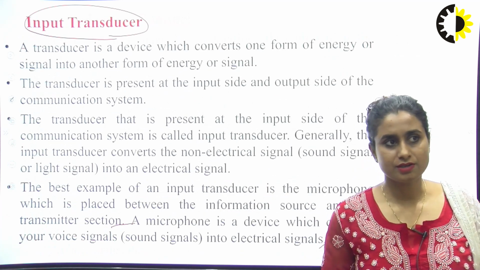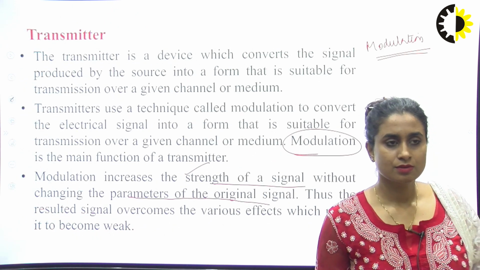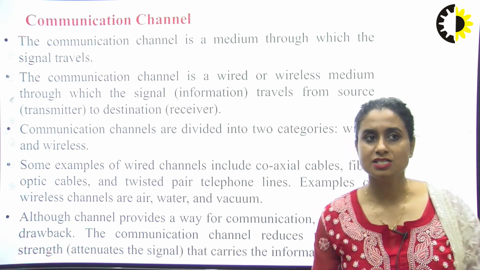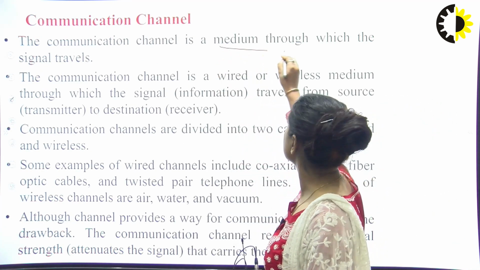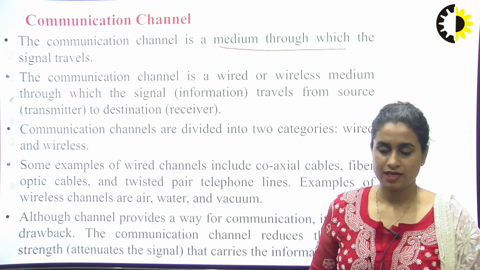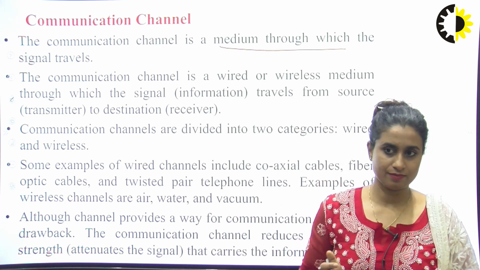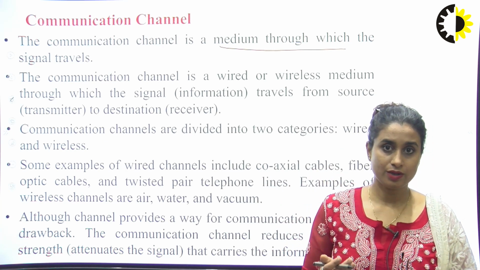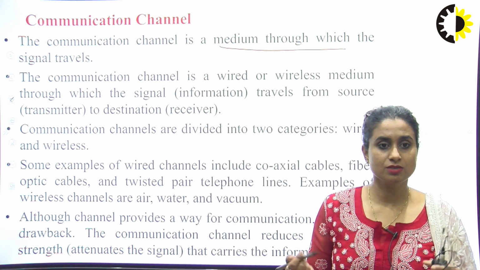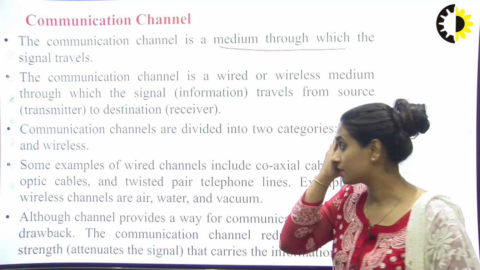Next, after the transmitter, we have the channel. What is a channel? A communication channel is a medium through which the signal travels, right? If you were sitting in front of me, air is the medium. Now you are using digital media to listen to me and see me, so radio waves are doing the task, right?